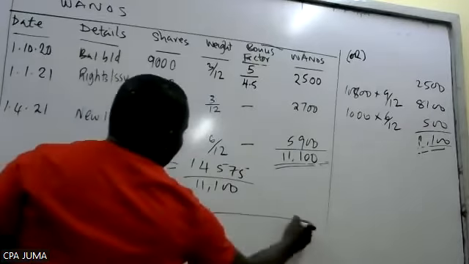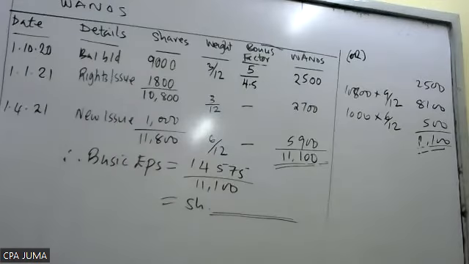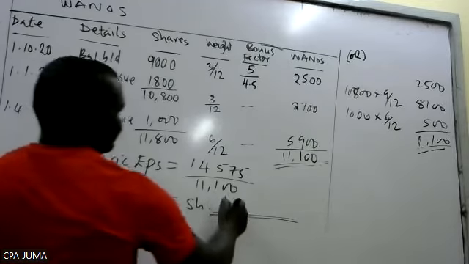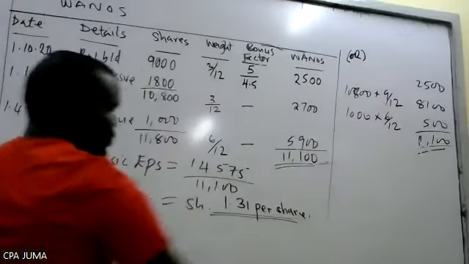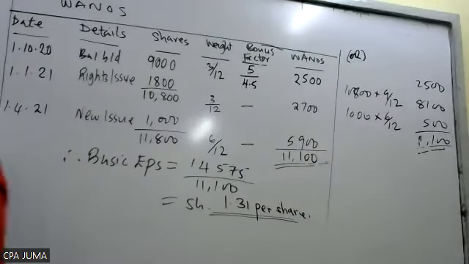How much per share? $1.31. $1.31 per share.